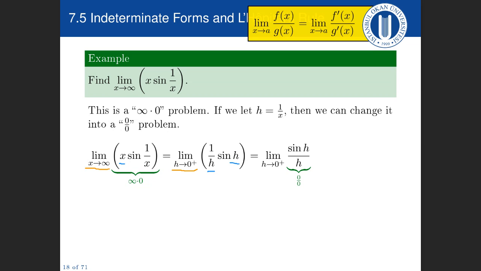If h is equal to 1 over x, and if x tends to infinity, that's the same as saying that h tends to 0 from the right. So instead of the limit we were asked for, we're going to be looking at the limit as h tends to 0 from the right of sine h divided by h. And that's easier because that's a 0 divided by 0 problem.